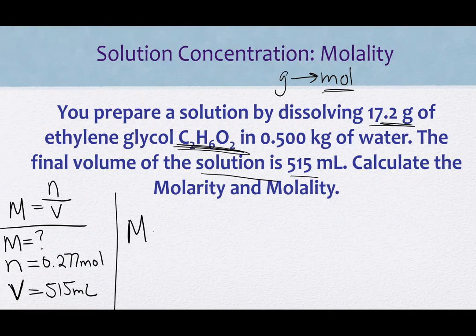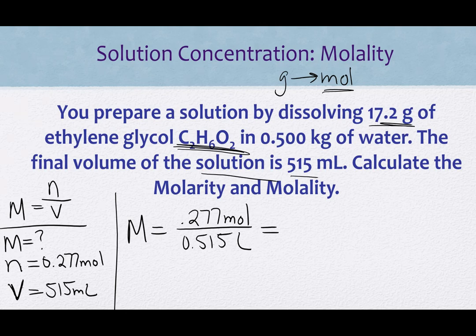So the molarity of this equals 0.277 moles divided by, am I going to put 515 on the bottom? Nope. What am I going to put on the bottom? This is milliliters. What needs to go down here? Yeah, liters. So convert that, and what you'll see is it's 0.515 liters.